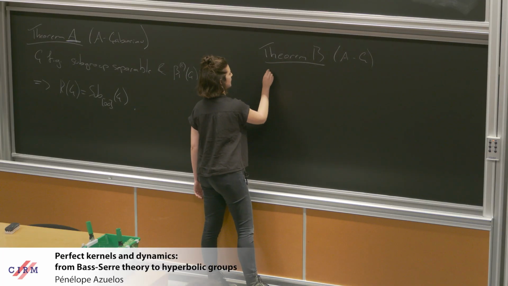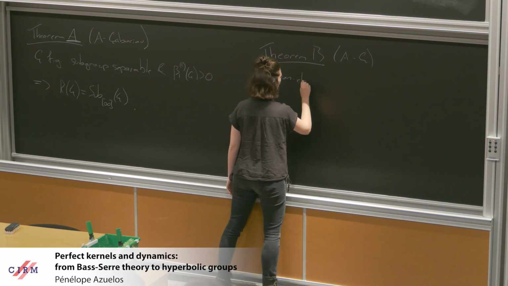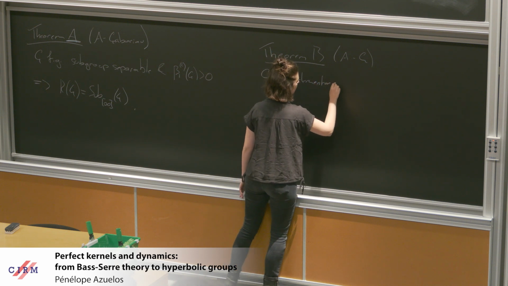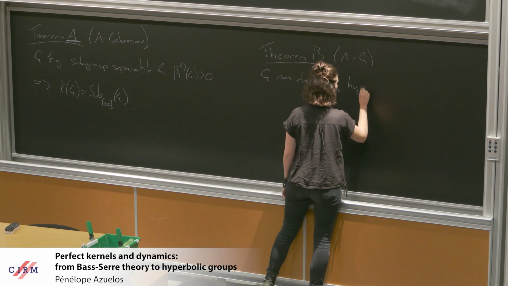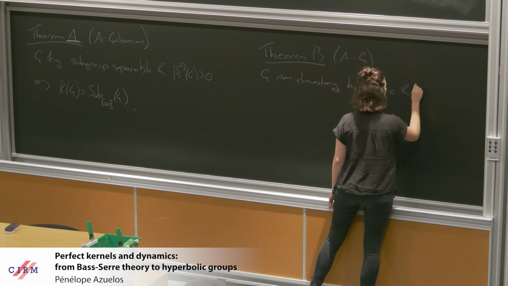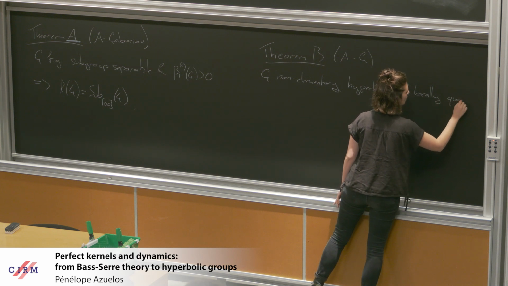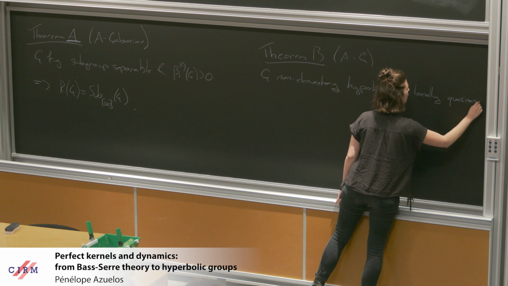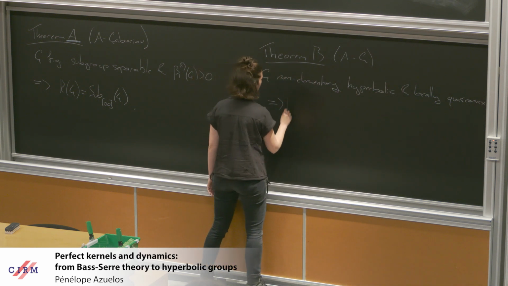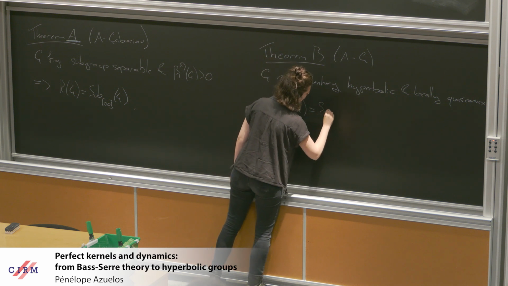And in this case, so if G is non-elementary hyperbolic and locally quasi-convex, then we do get back the statement that the perfect kernel is the set of infinite index subgroups.